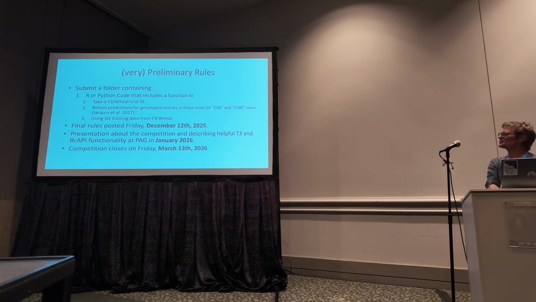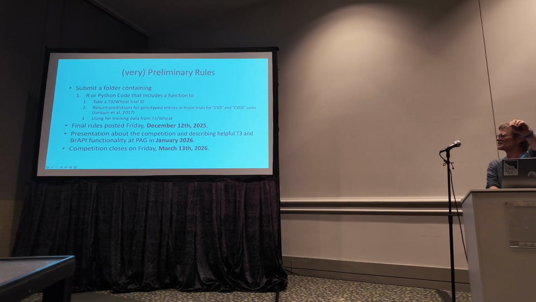Very preliminarily, what we're going to do is contestants, and these can be teams. I haven't really decided what the maximum team size is. You submit a folder, R or Python. I already changed this, so if you want to do Python, that's great. It would have a function.